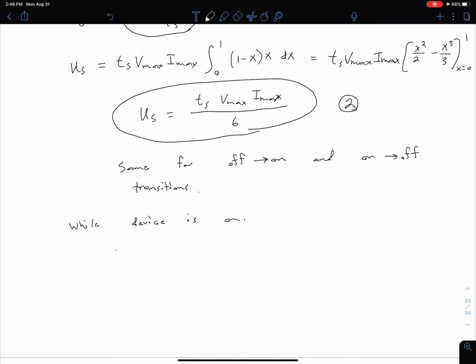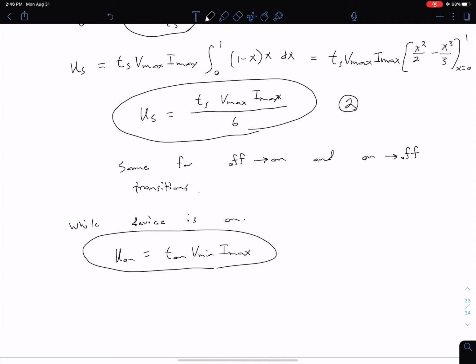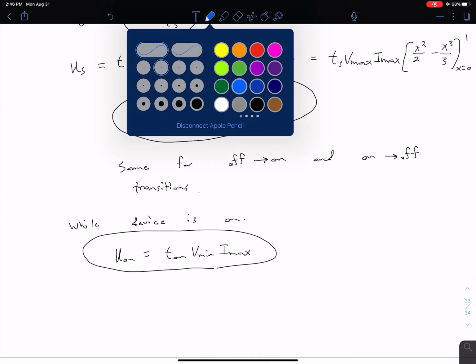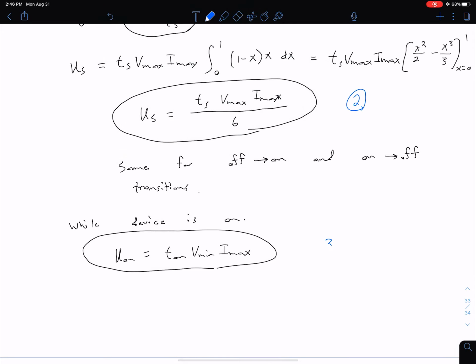While our device is on, we simply have the energy is equal to the time it's on times the power, which is Vmin times Imax. Let me put this in blue just so it stands out. So this is equation 2, and this is our equation 3.